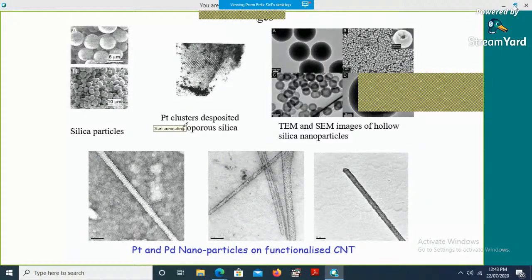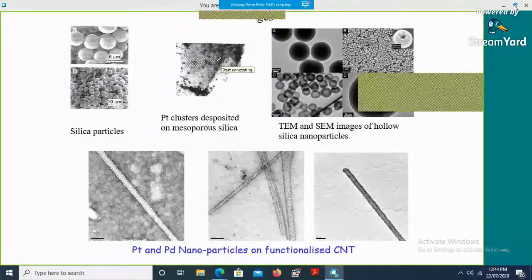Again, if you take an SEM image of the platinum nanoparticle supported silica, you can't see platinum because the size of the platinum is very small. Whereas when you take a TEM image of the same sample, you can see the fine platinum nanoparticles and the location, whether it is present on the outer surface of your silica nanoparticles or even within the pores of the material.